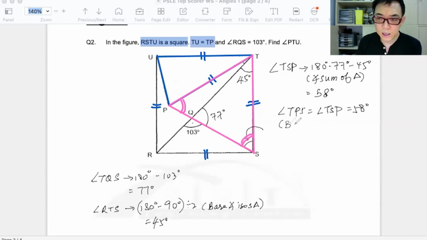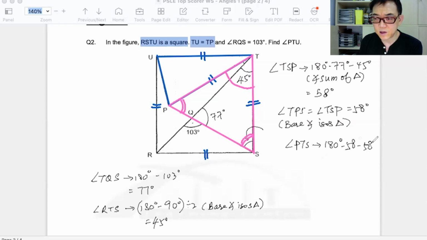Okay? Base angle of isosceles triangle. Using this, I can find the angle on top here. So this angle will be called angle PTS, which is 180 minus 58 minus 58. Okay, this is 116. So that should give me 64 degrees. So I got 64, which is the pink color angle over here.